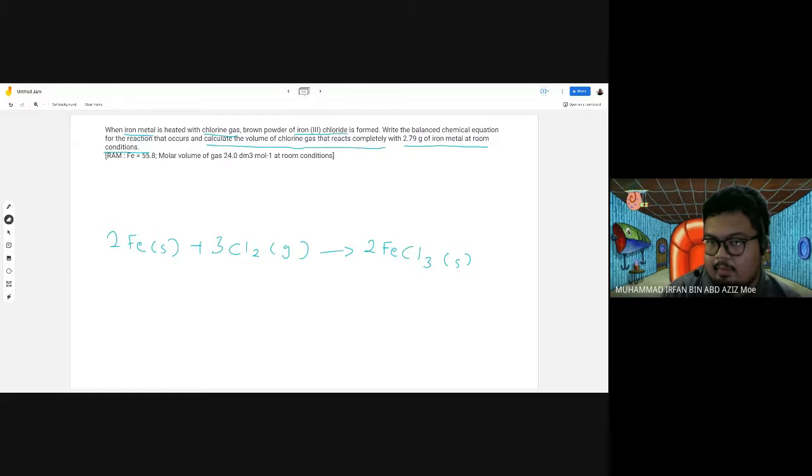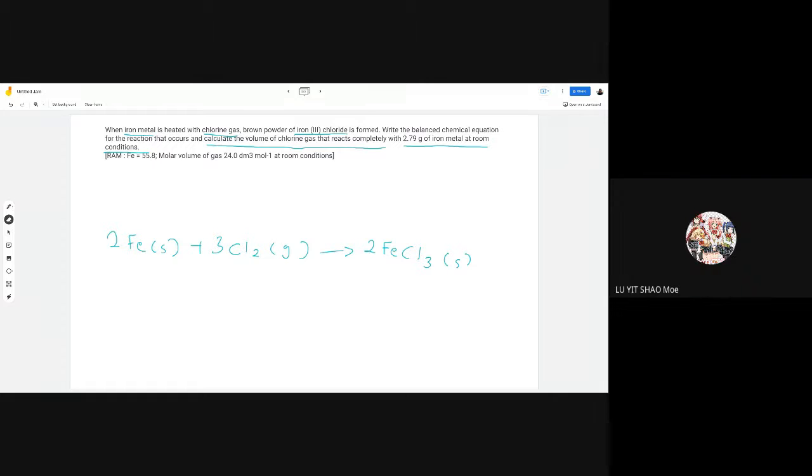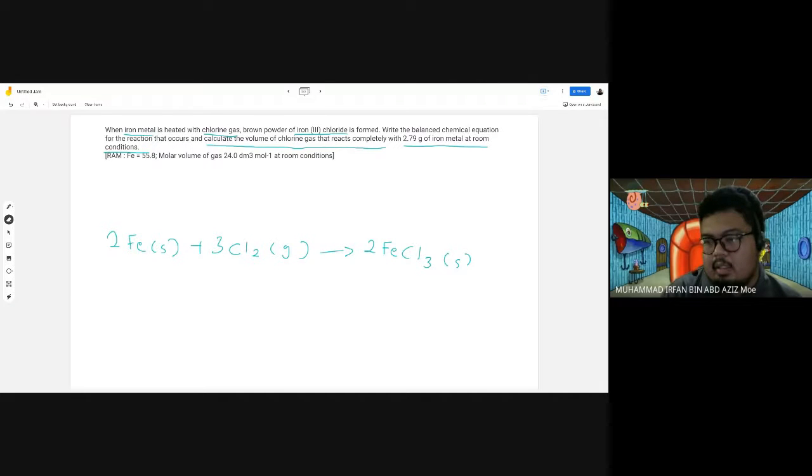Yes, moles of apa? Adakah moles of chlorine gas, moles of iron ataupun moles of iron trichloride? Fe. Okay, calculate the number of moles of iron.